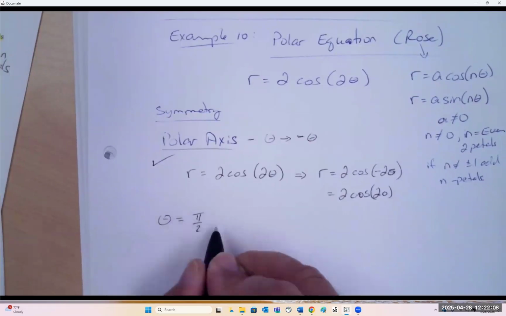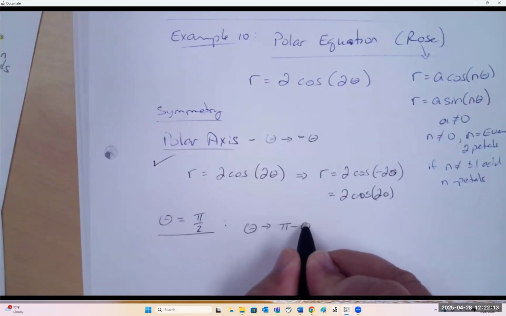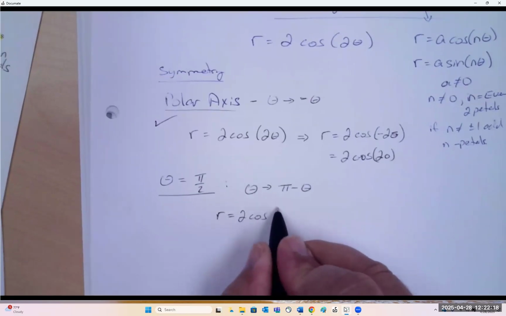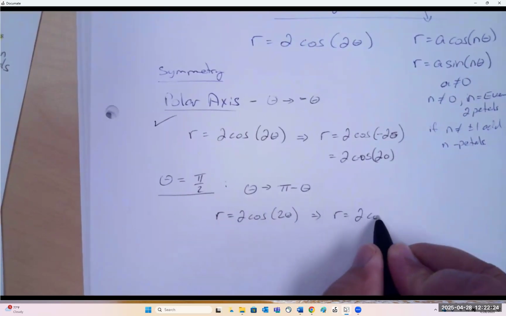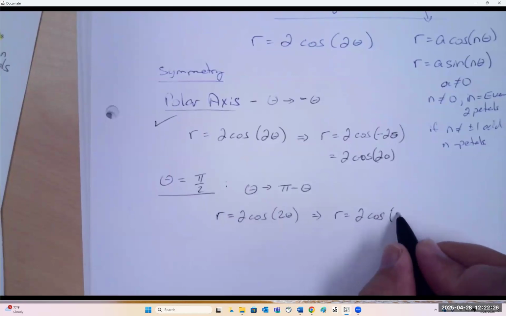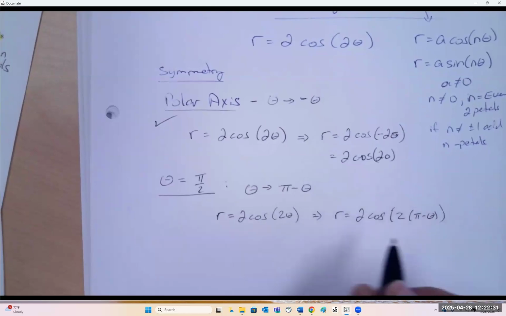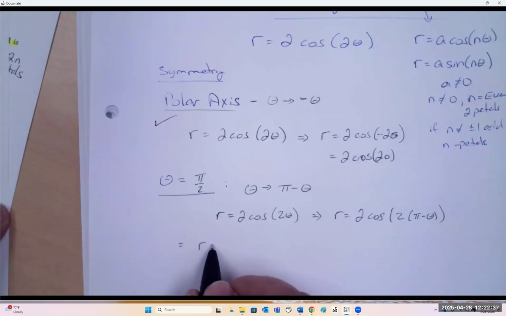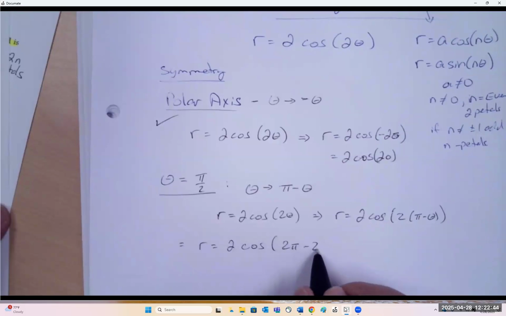Theta equals pi over 2 test. R equals 2 cosine 2 times pi minus theta, r equals 2 cosine 2 pi minus 2 theta.